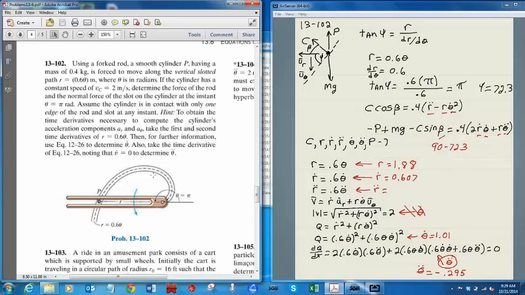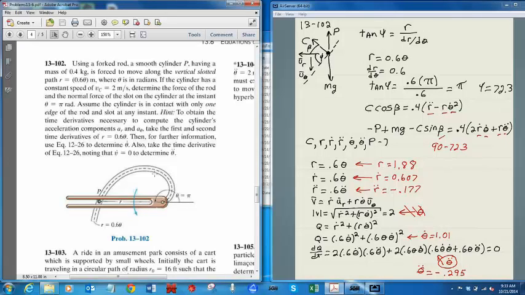And then finally I plug in the theta double dot that I have, multiply by 0.6, I end up with r double dot is a negative 0.177. So now I have my r dot, r double dot, theta dot, theta double dot, and all my angles. The only thing that's left is to plug into the force equations, and solve for C and P. So I'm going to do that next. I'll pause and come back with the solution that I have.